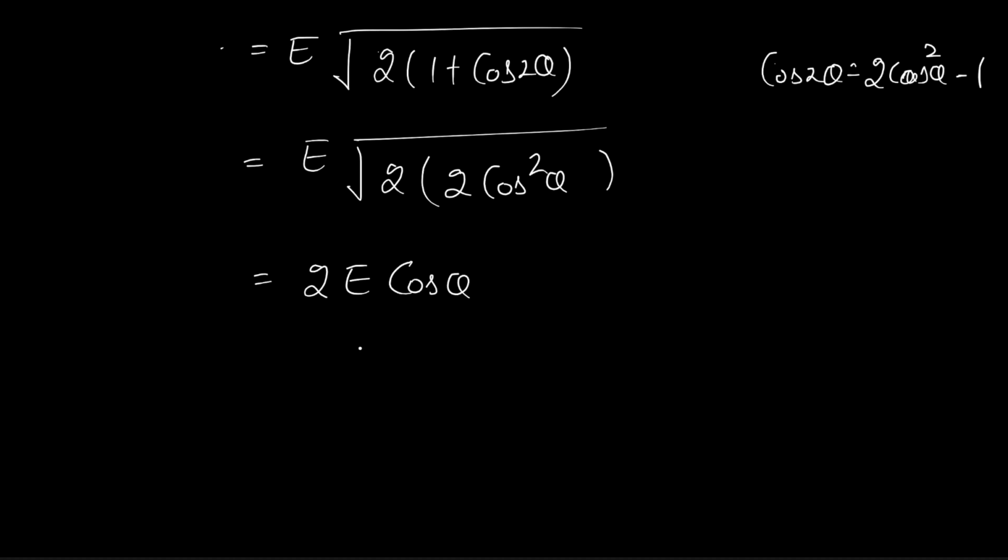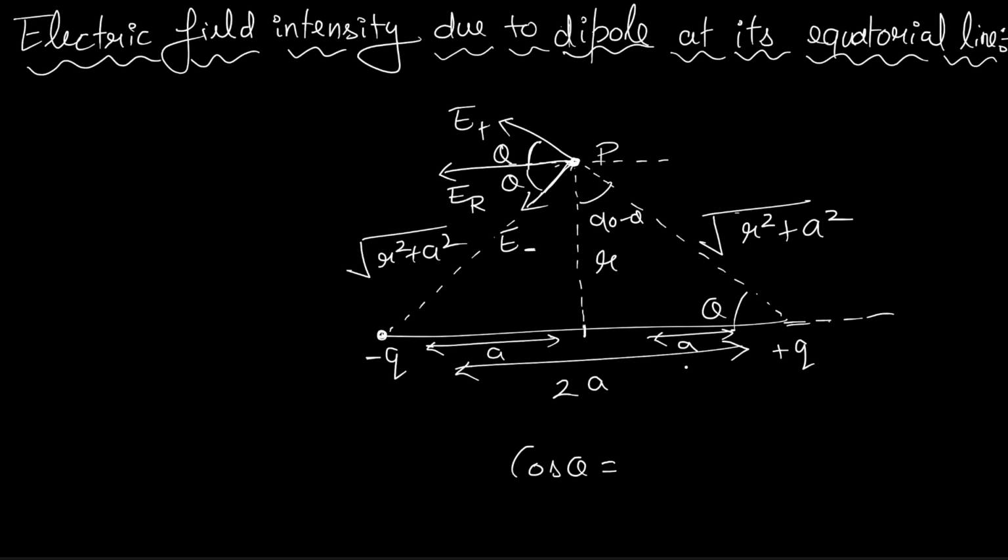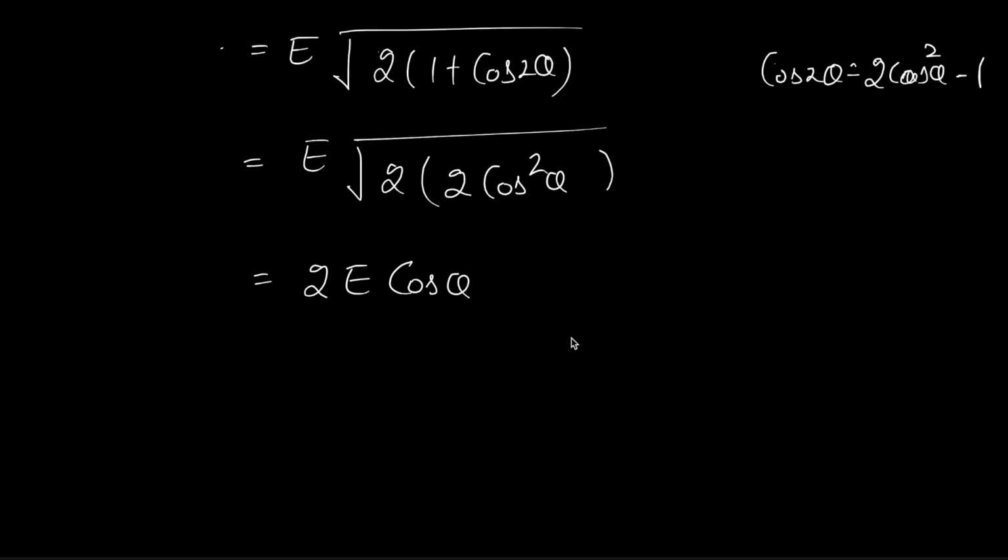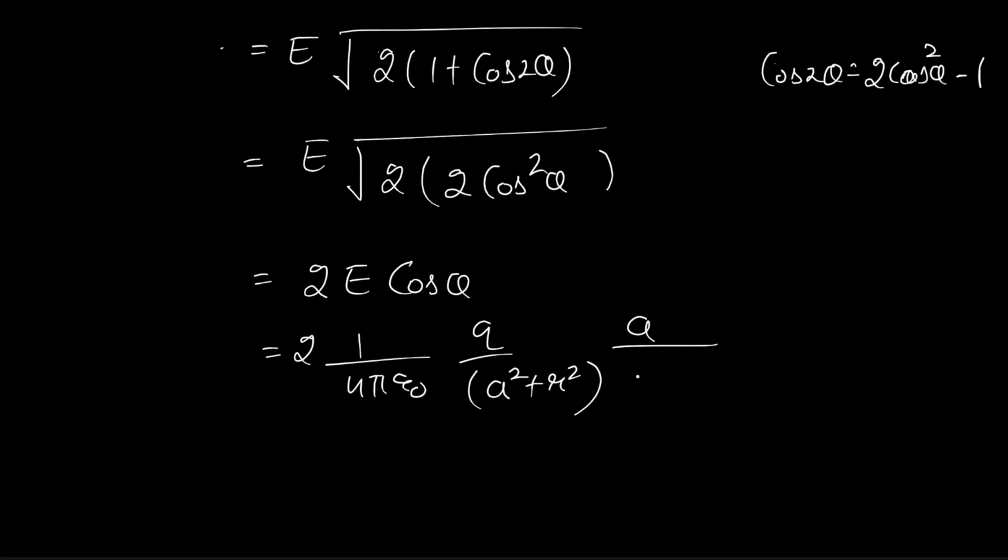And then after putting in all the values, the cos theta value comes out to be base by hypotenuse, that is a by under root a square plus r square. Then we move further. If we put the value of E here, we get 2 times 1 by 4 pi epsilon naught, q by r square plus a square, and the cos theta value is a by under root a square plus r square.